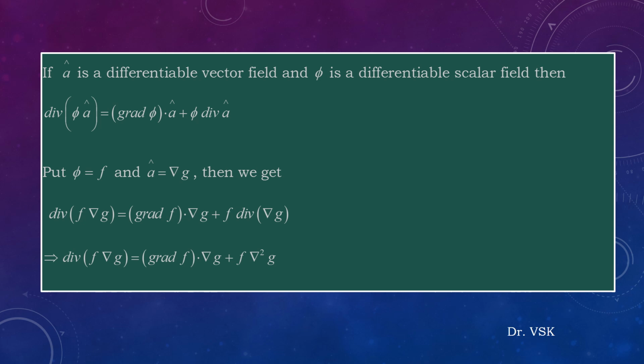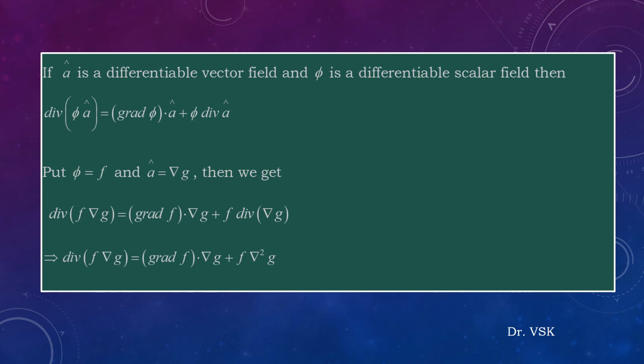Now, in this theorem, we have two scalar fields f and g. We have found del g. Del g is a vector field. F is a scalar field. So let us substitute a cap equals del g and phi equals f in the identity of theorem 1.